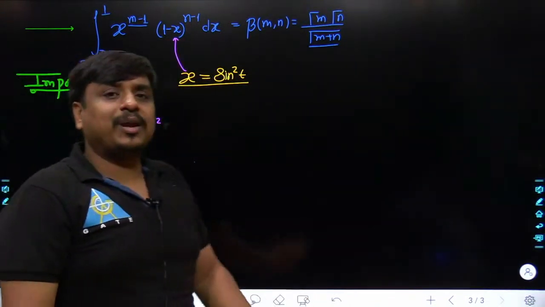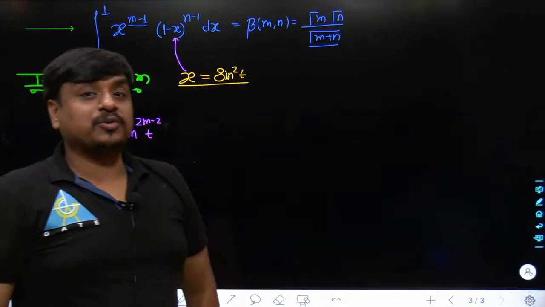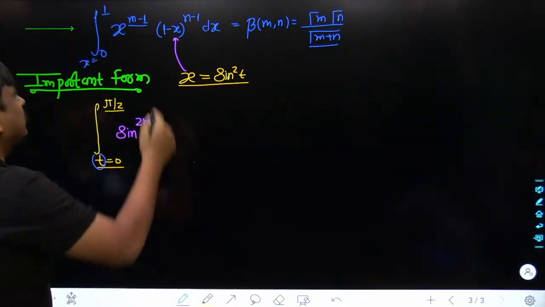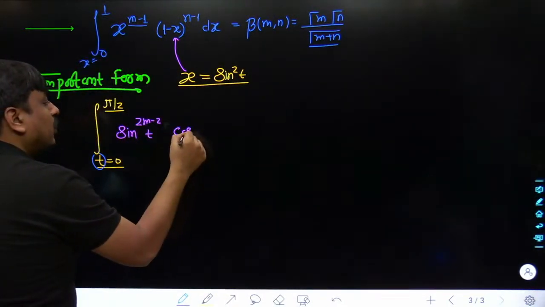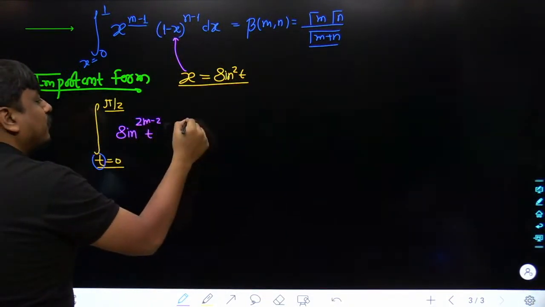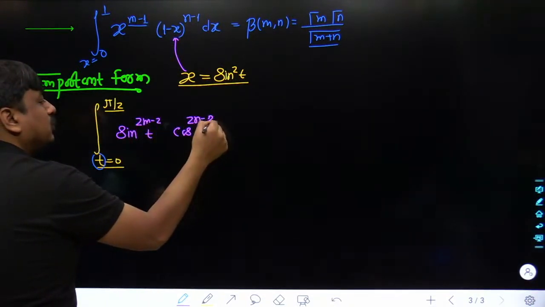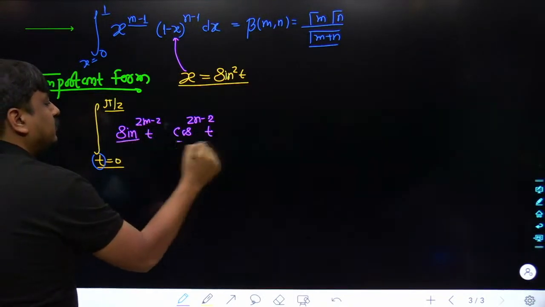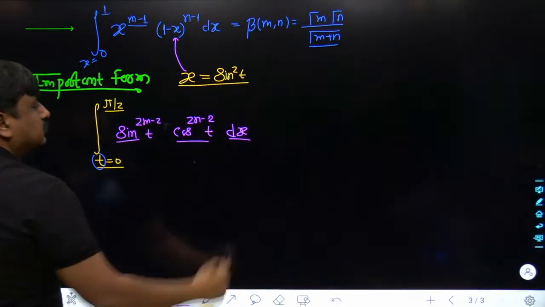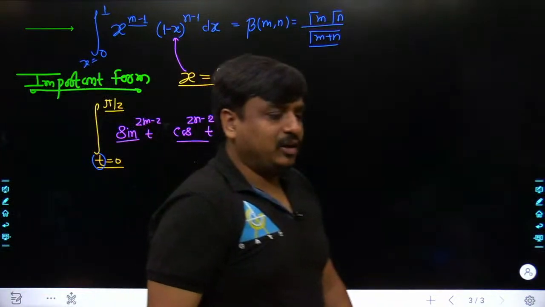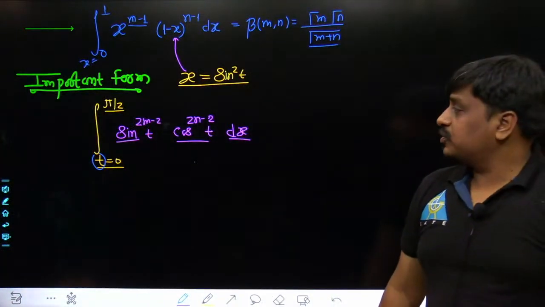That is a trigonometric identity which remains true for all possible values of t. So it would simply become cos square t raised to the power of n minus 1. Are we all agreeing? Till this point, nobody should have any doubt, and this is a most powerful formula.